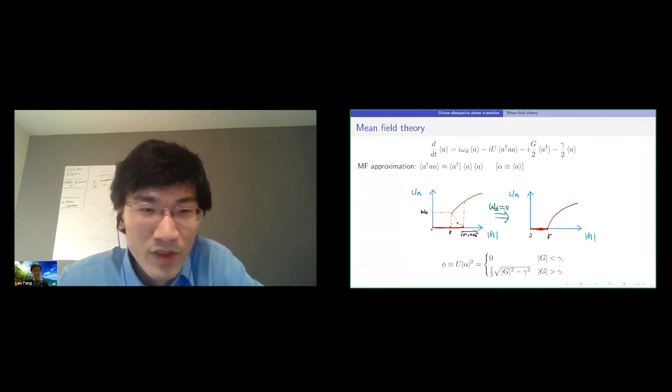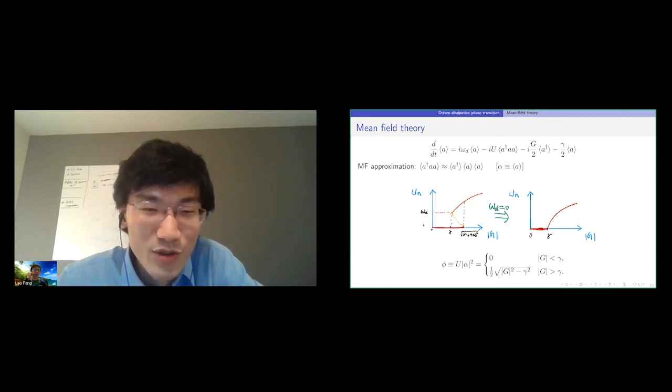That's because here we have ignored the fluctuations. The fluctuations will induce some tunneling between this solution and this solution. So if you solve the quantum problem, it's not going to be a bistable solution. It's going to be a first order transition, basically 0 here and then non-zero here.